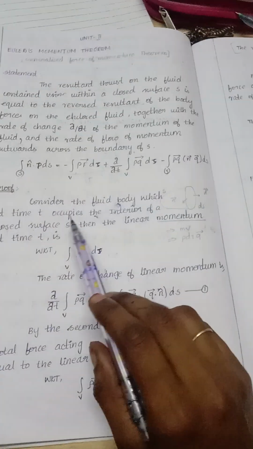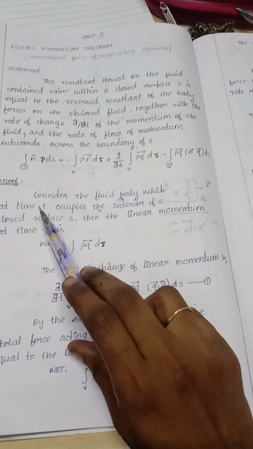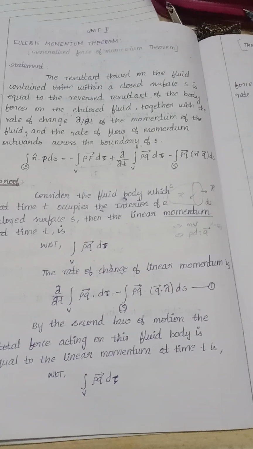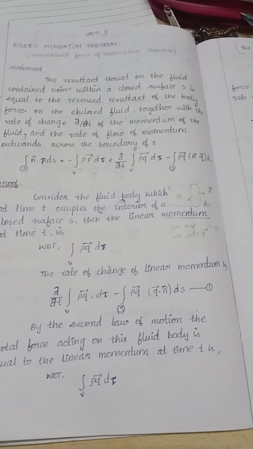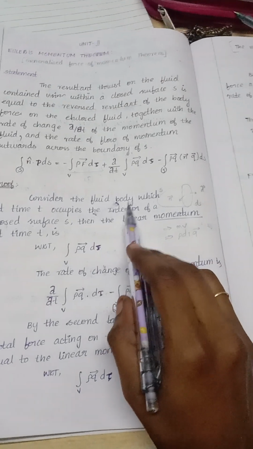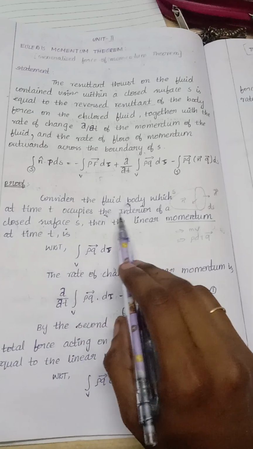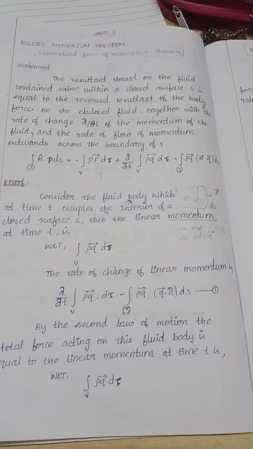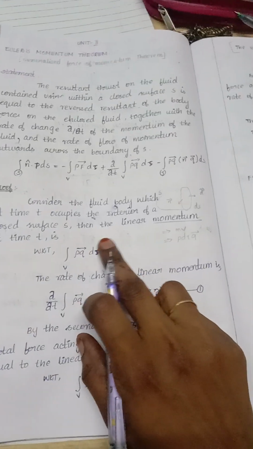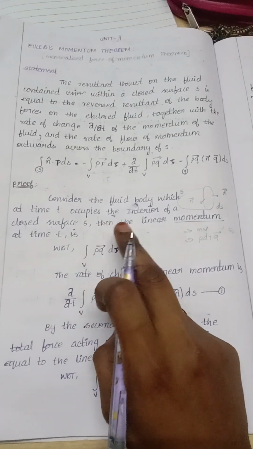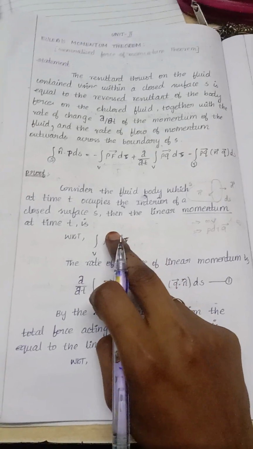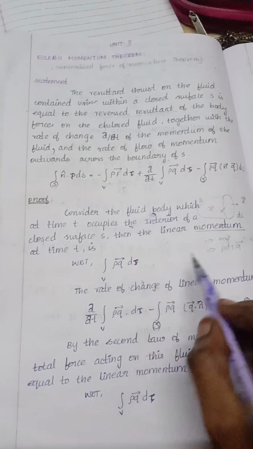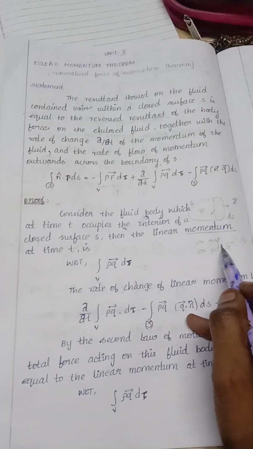The proof is: consider a fluid body which at time t occupies the interior of the closed surface S. So the linear momentum at time t for that fluid, we know that momentum is mass into velocity.